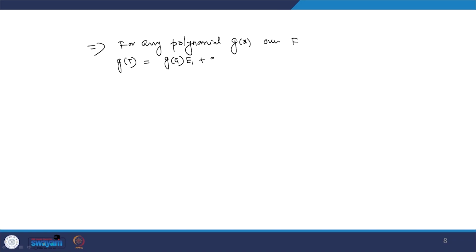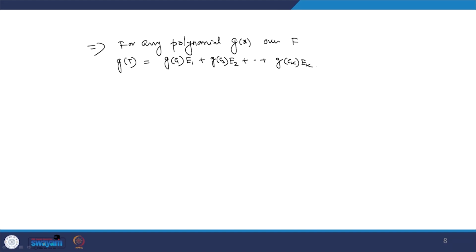Okay. So, this implies that for any polynomial g(x) over the field F on which the vector space is defined, g(T) will be equal to g(C1) E1 plus g(C2) E2 plus g(Ck) Ek.